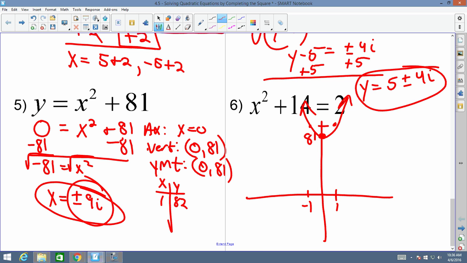Did it ever touch the x-axis? Why did it not touch the x-axis? Because it's an imaginary solution. Does that help you? Thank you for the courage of asking. Thank you, guys. May I erase the graphing part? Thank you.